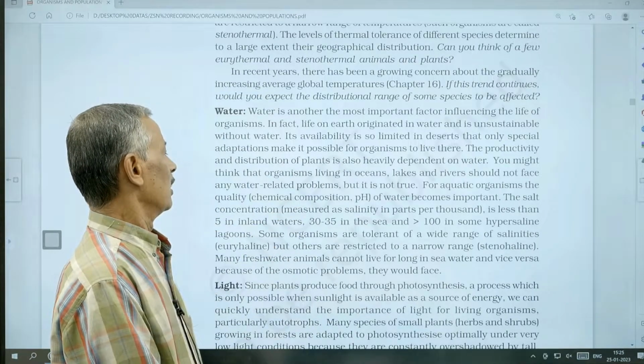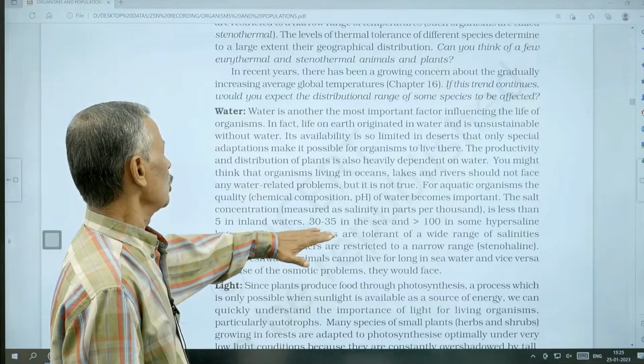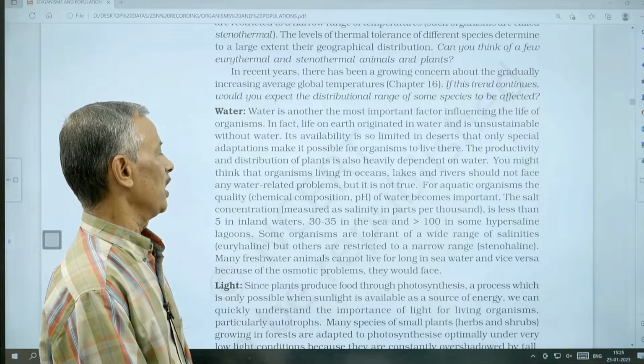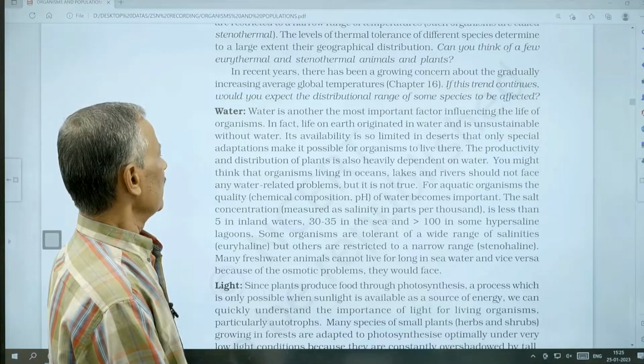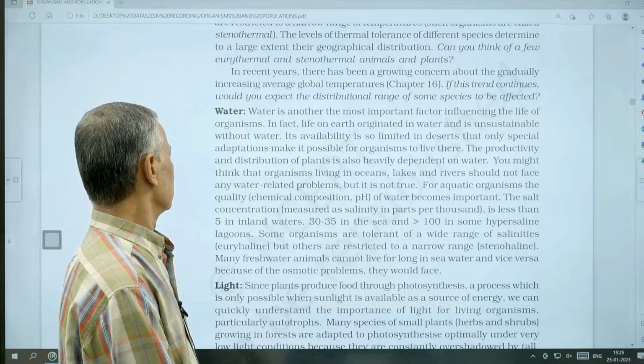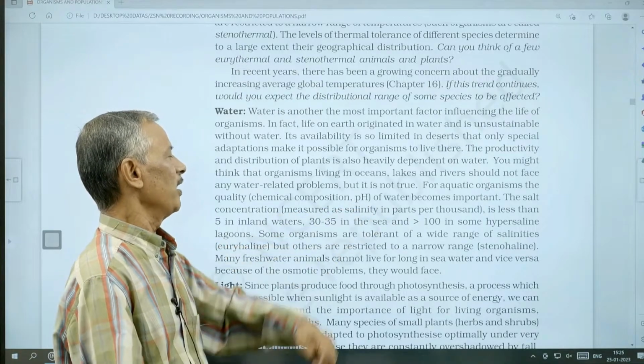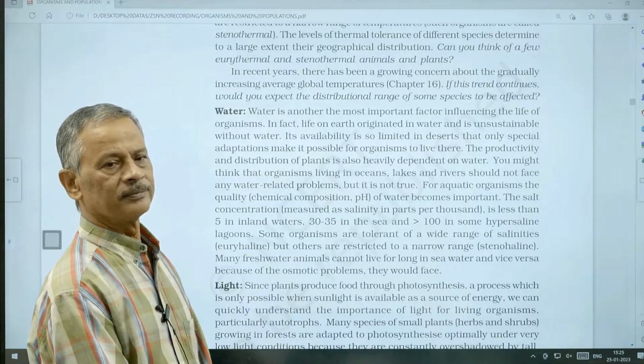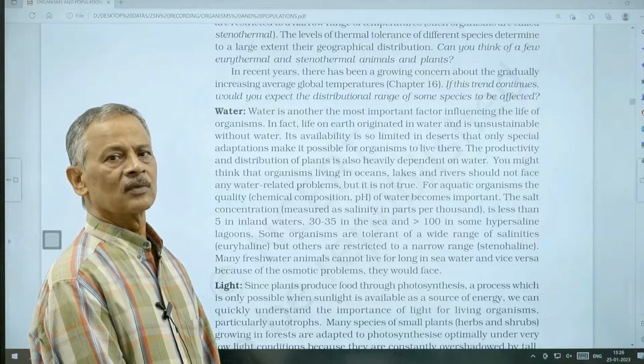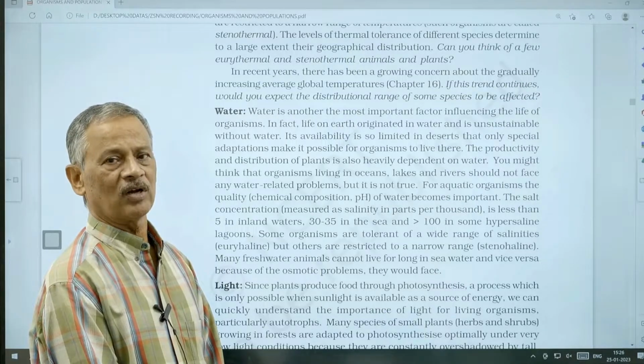In sea, it is usually 30 to 35 ppm. Whereas in a hypersaline lagoon, the ppm will be very high. It is more than 100. Okay, so it is very salty water.